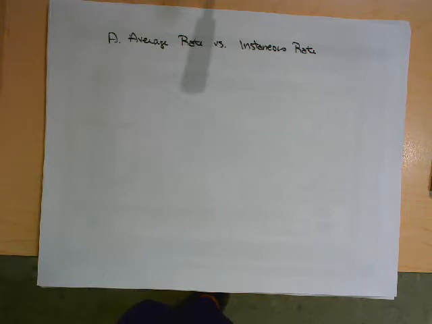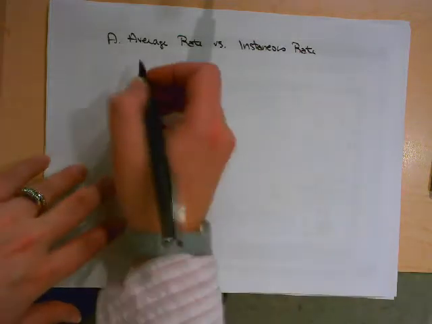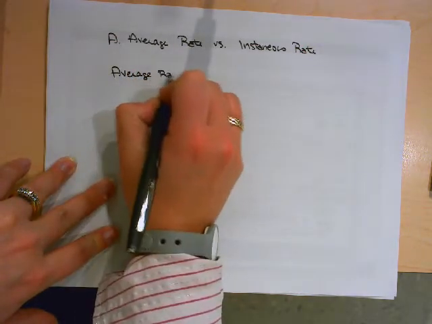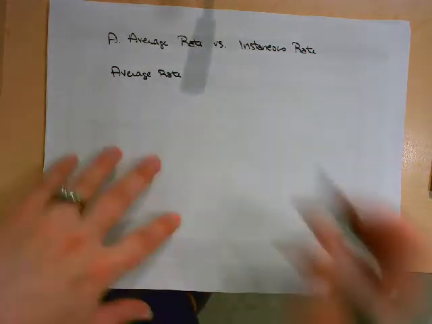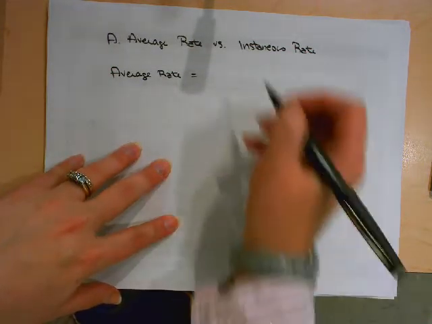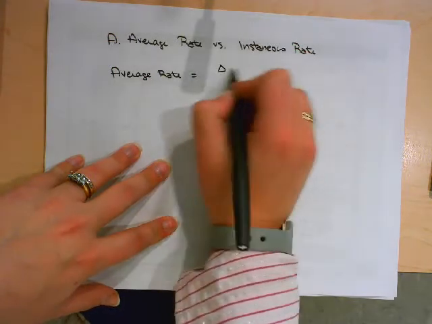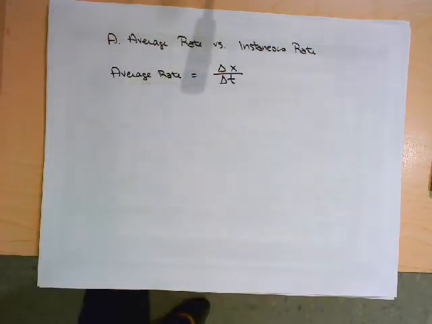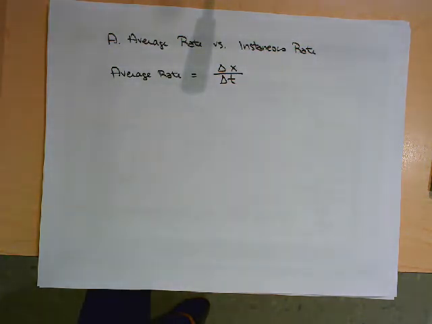There's two different ways we could talk about a rate change. Average rate is what we just looked at, right? How much x changes over whatever time. You're looking at two spots on the graph and figuring out the relative change between them.